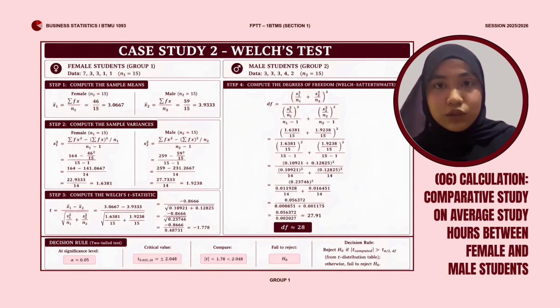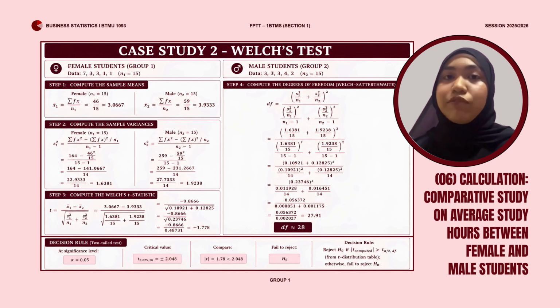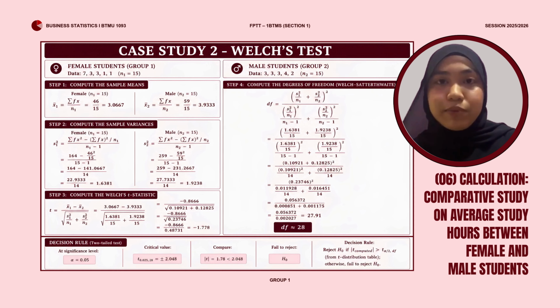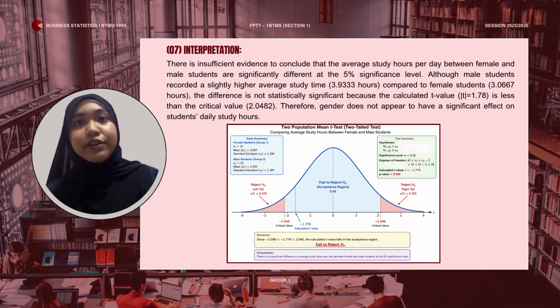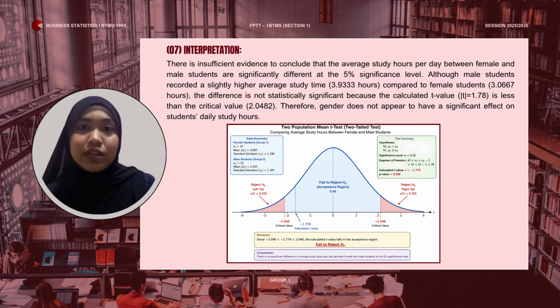So, in conclusion, there is no significant difference in the average study hours between female and male students at the 5% significance level. For the interpretation, there is insufficient evidence to conclude that the average study hours per day between female and male students are significantly different at the 5% significance level.